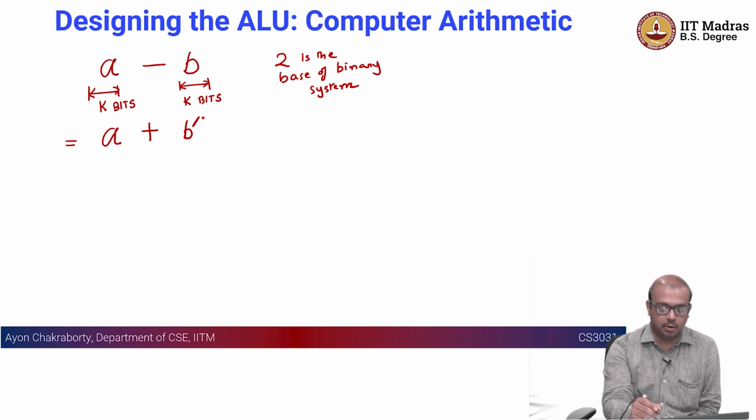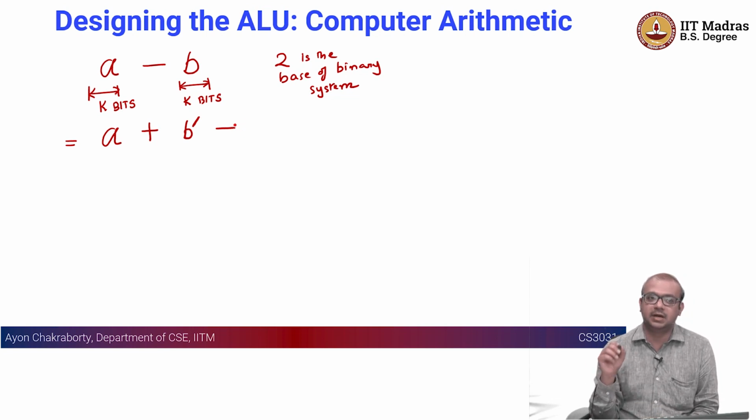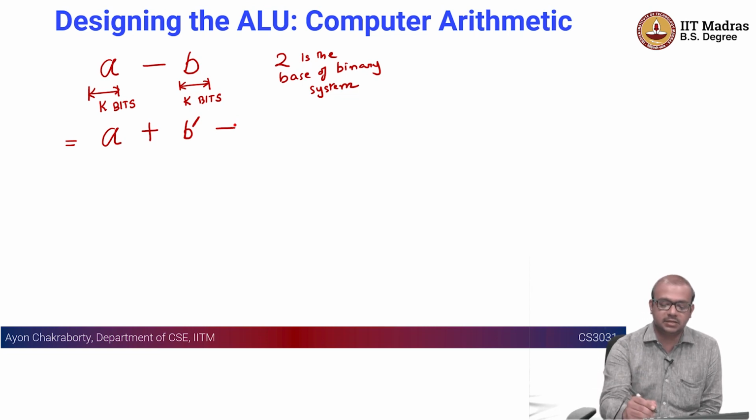And then we can always do this minus. If you remember, in the last few cases we used 10 square or 10 cube. So it is the base to the power of the number of digits that we are using. If we are using 3 digits, we use 10 cube. If we are using 2 digits, we use 10 square. If we are using 1 digit, we use 10. So this is nothing but 2 to the power k.